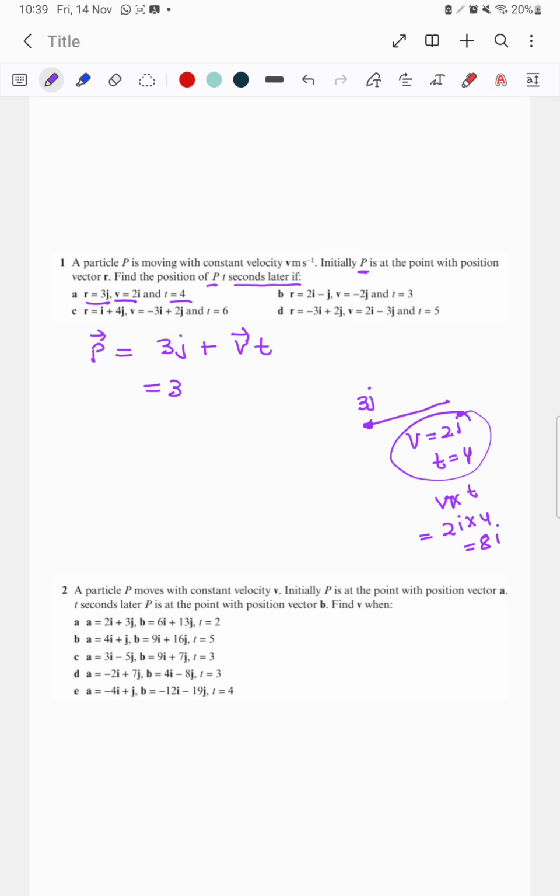So that will be 3j plus 2i times 4, which is 3j plus 8i. You can write it the other way as 8i plus 3j, because we prefer to write the i value first and then the j value. All the questions can be done in the same way.